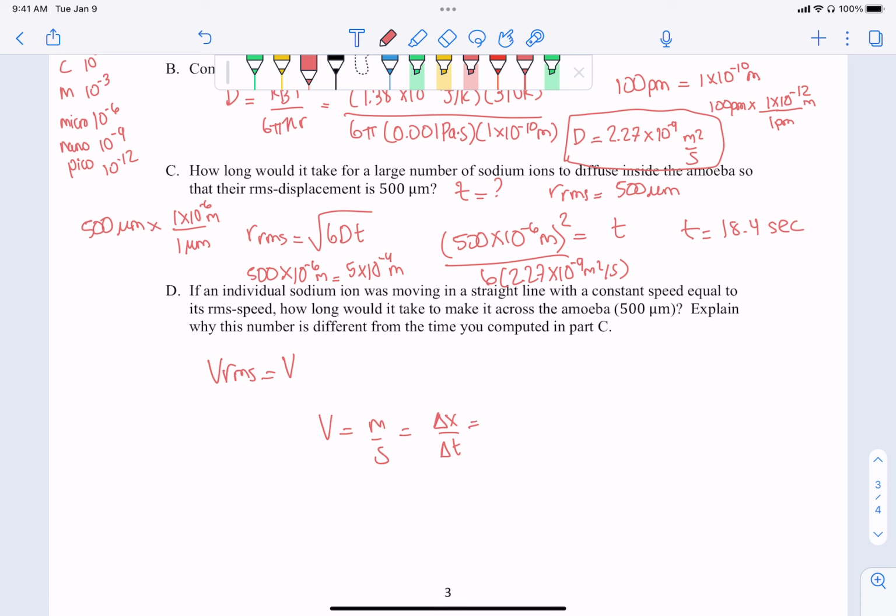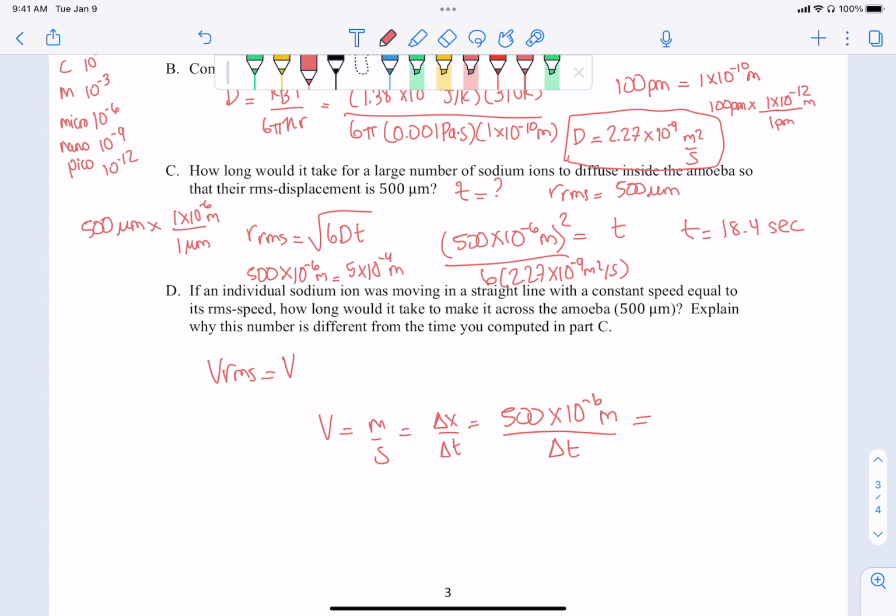This X for my VRMS, that's going to be what value specifically? This delta X, the distance that I traveled. Exactly, so 500 micrometers, which is 500 times 10 to the negative 6 meters, divided by some time that I don't know, and is equal to VRMS, because that's what they determined earlier.